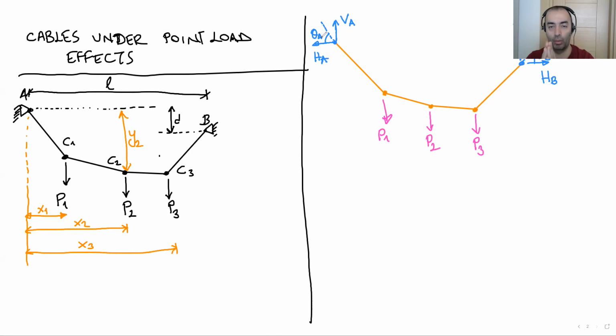We are going to combine them at the end of the day. This is the free body diagram of the problem. We can see here all the external forces and all the support reactions. So we have to solve this one.